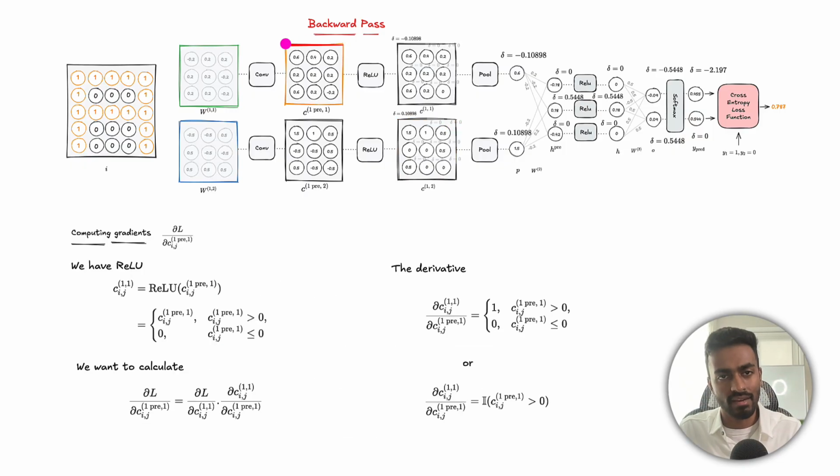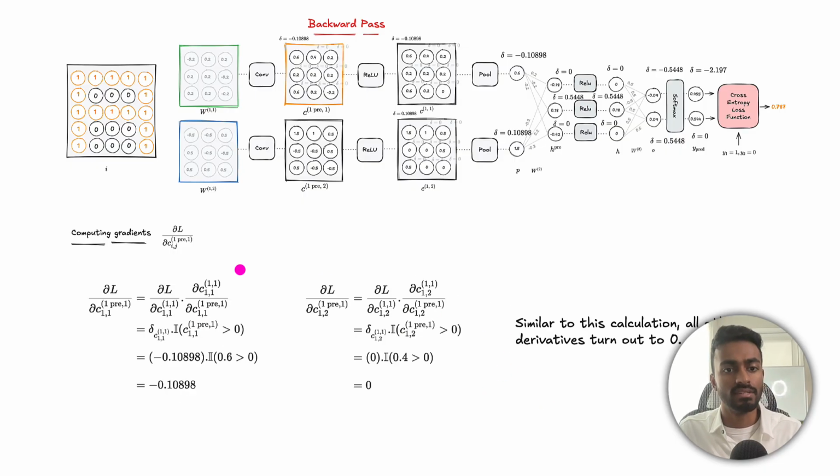Now let's make the computation for this layer. Once again, this is just like a ReLU activation. So what we do here is, how does this neuron affect the loss? It's how the same neuron affects specifically just this neuron, times how this neuron affects the loss. And we know that how this neuron affects this neuron, because it's greater than 0, like we have seen here, we would compute this value in this way right over here and say that its value is just going to be negative 0.108.